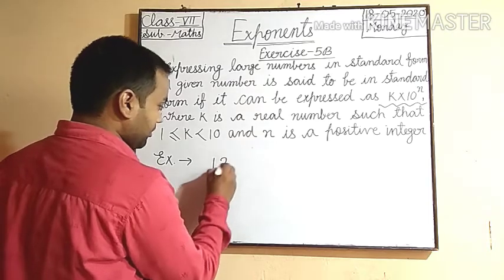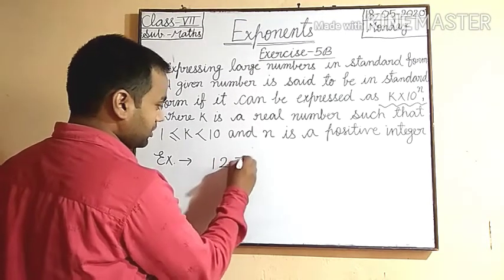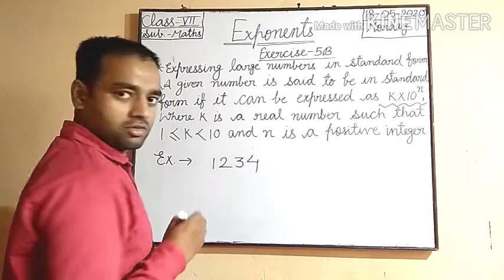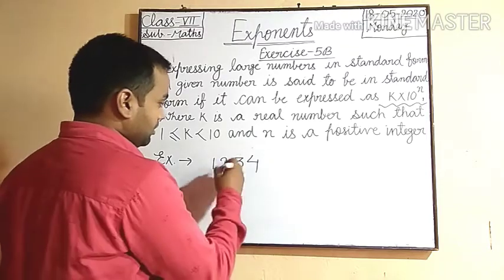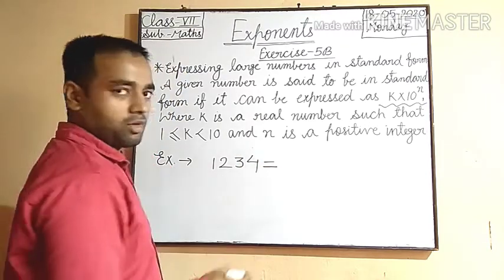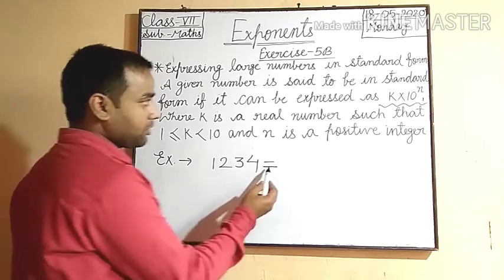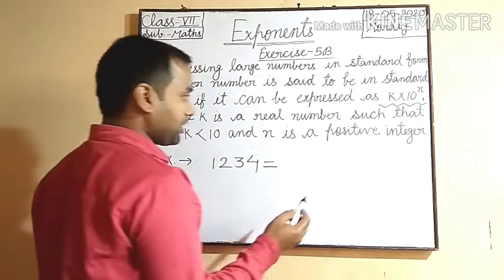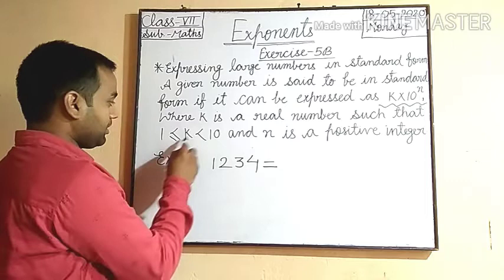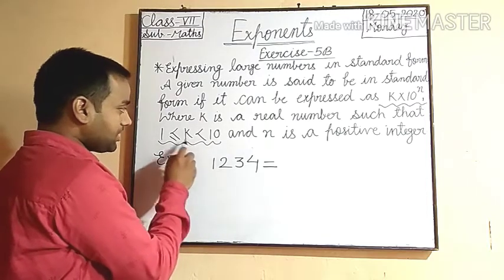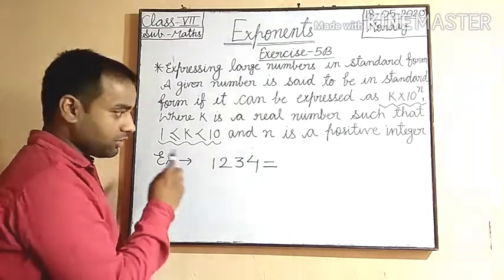Here take 1234. Write in a standard form, k into 10 power n. Here k is always between 1 and 10 or equal to 1.